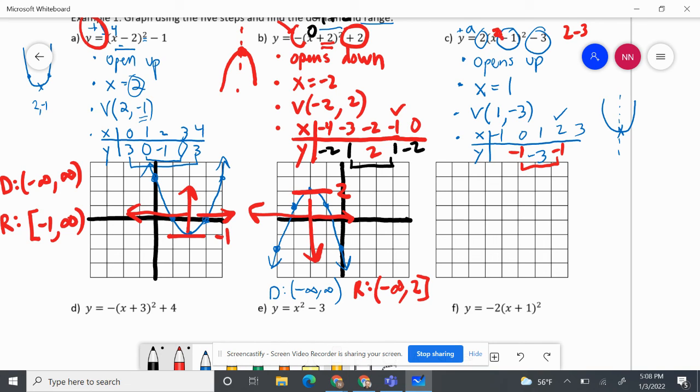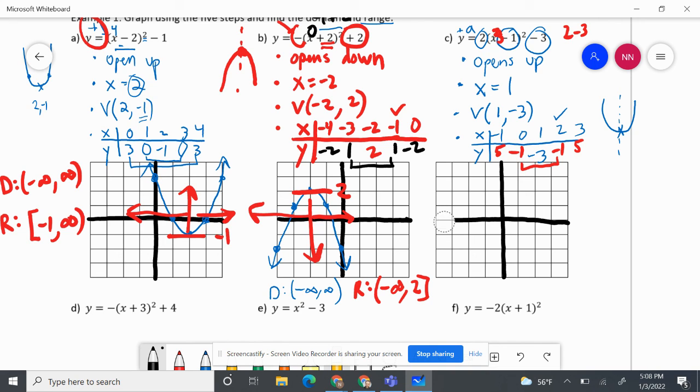I'm going to plug in a 3 now. 3 minus 1 is 2. 2 squared is 4. 4 times 2 is 8. 8 minus 3 gives me a 5. So now when I graph it, I have -1 and 5.